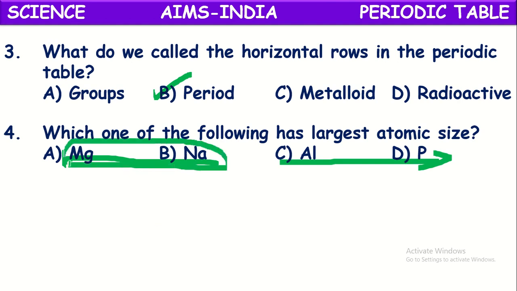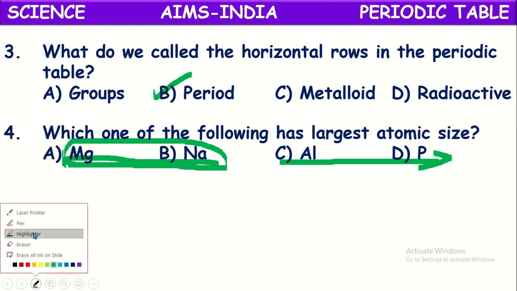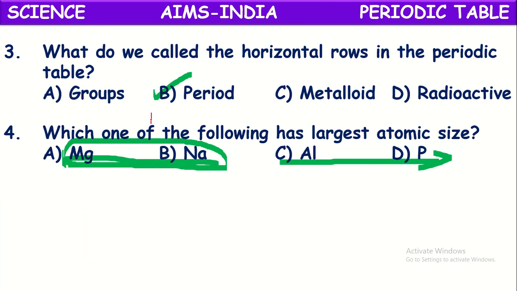And between these two, we have to compare now. First, which element will be there? Sodium. Next to sodium, there will be magnesium in the periodic table, isn't it? If we compare their precise places, first there will be sodium in the third period, next to that magnesium, and then in the third period there will be aluminium, silicon, and phosphorus.